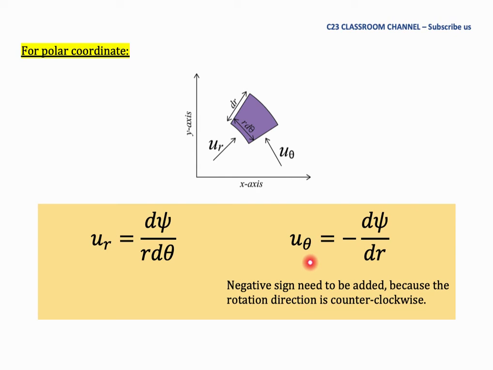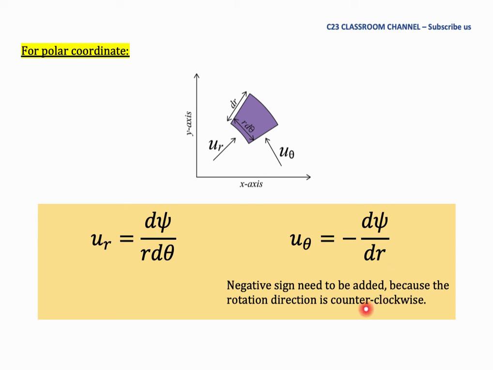And for u theta here, we could write as negative d psi over dr. So again, dr here is the length of this area times by 1, its thickness. And again, to differentiate between the counterclockwise and clockwise, if we compare with a polar coordinate, later on we will discuss that.